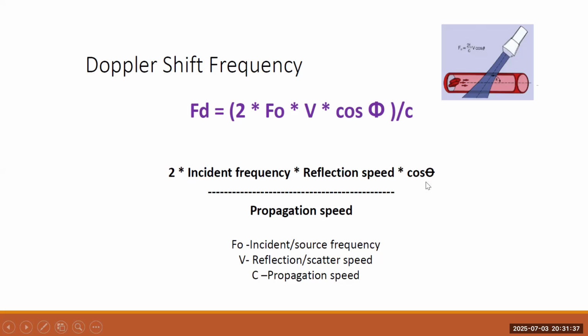Angle compensation can be reasonably good up to an angle of 60 degrees. Because cos 90 is 0, at 90 degrees if we insonate, we are not going to get anything. So up to an angle of 60 degrees, we are reasonably okay in obtaining accuracy in our measurement.